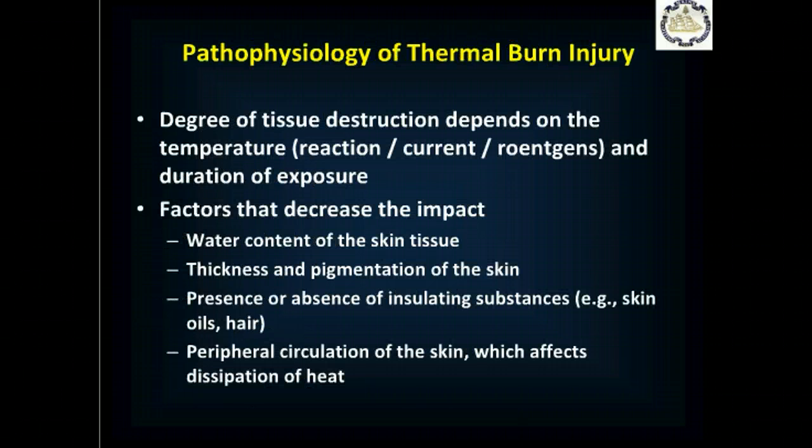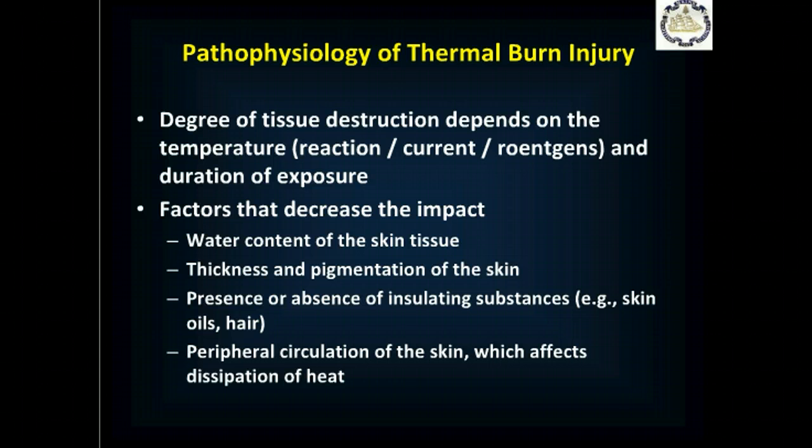So what happens when you're exposed to a burning process? And we'll talk really about thermal burns, although this also would apply to chemical burns, electrical burns, or radiation burns. The degree of the destruction depends on how hot it is and the duration of the exposure. And that's really about it in terms of how much energy is imparted. Now what that energy does, how much damage it does, will depend on the water content of the skin, the thickness of the skin.